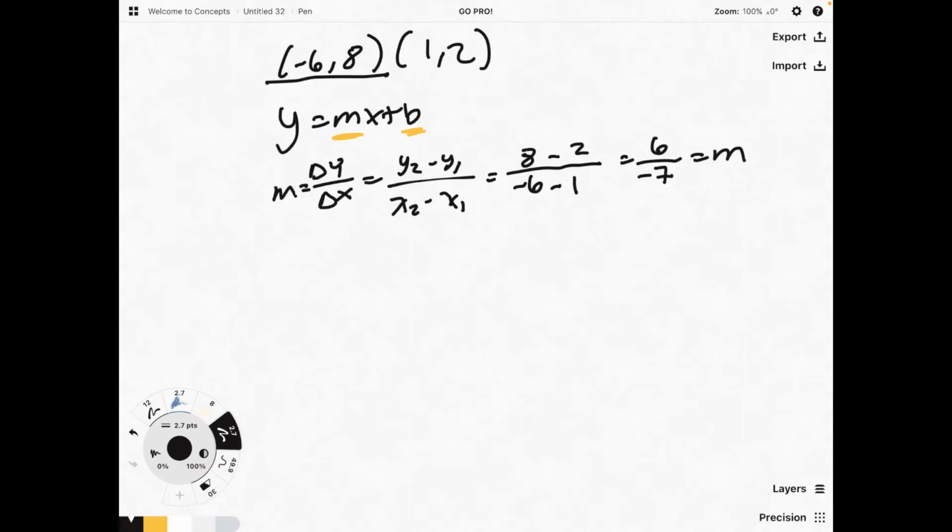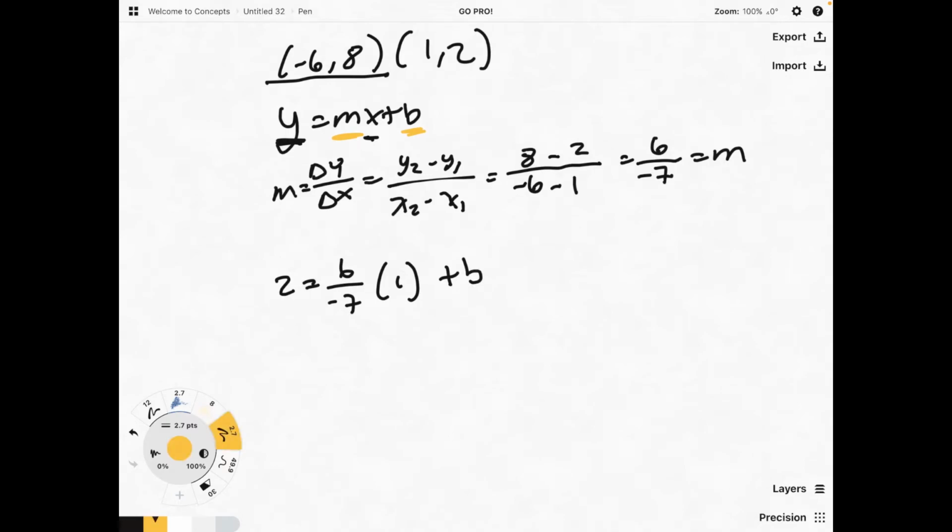Now what we need to do is solve for b. We have y and we have x, and we can use any point, similar to what we did in our last example. Using the point (1, 2), because it has smaller numbers, let's plug that in. 2 equals m, our slope, which is -6/7, times x, which is 1, plus b.